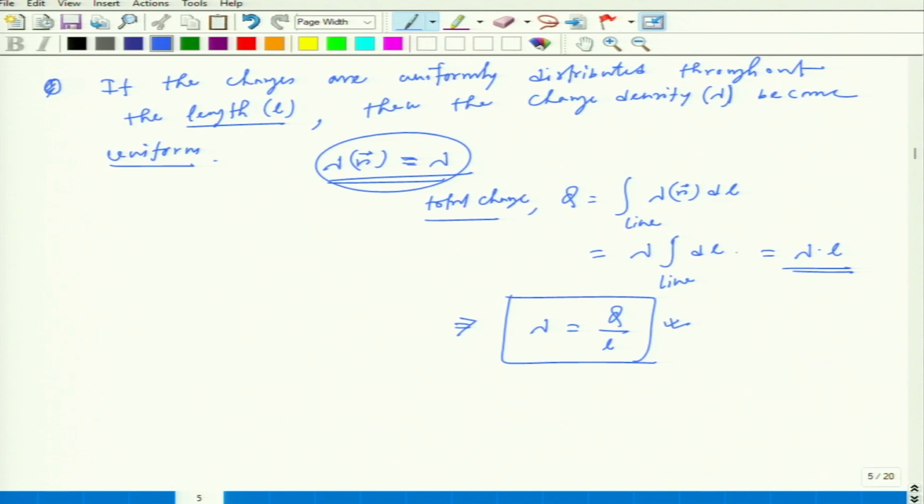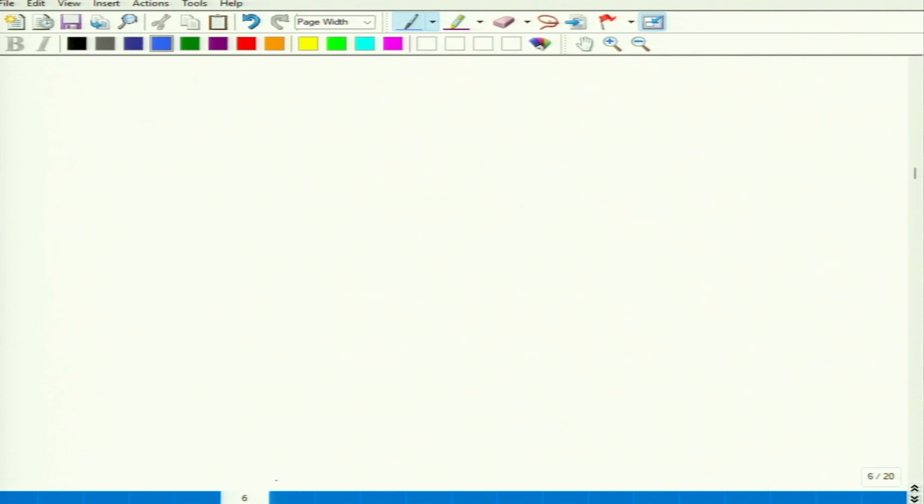To calculate the electric field at any point P, let us first consider a rod of length L, and place the origin at the left end of the rod.